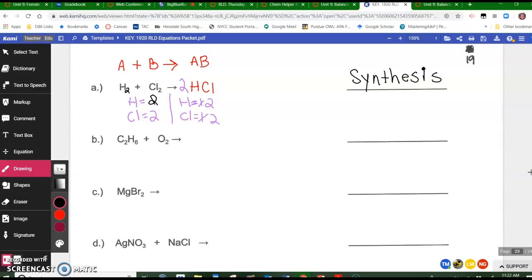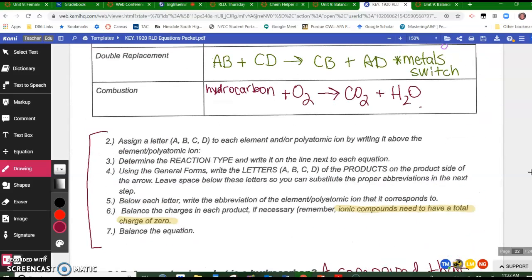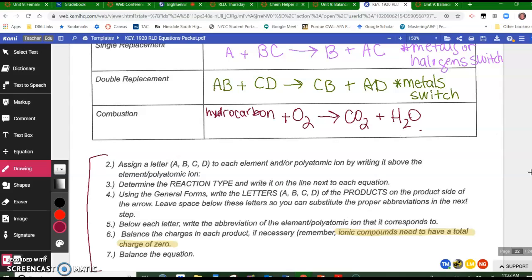What do you notice about my compound C2H6? It's a special one. It's a hydrocarbon. What kind of equation begins with hydrocarbon and oxygen all the time?